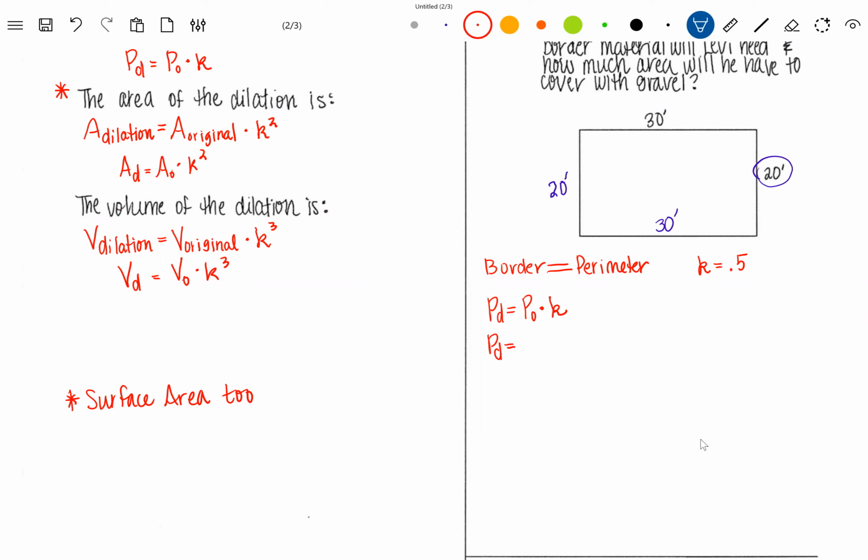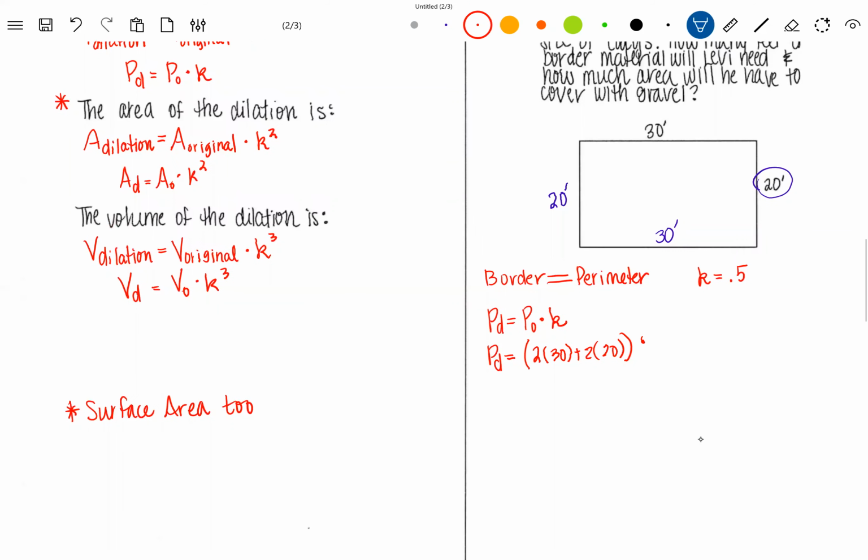So you add up all the sides, or you can do 2 times 30 plus 2 times 20. That's the perimeter of Cody's times the scale factor, which is 0.5. Let me rewrite that.